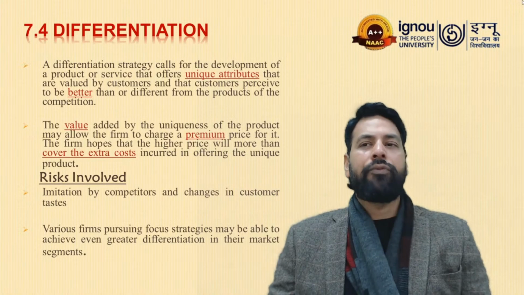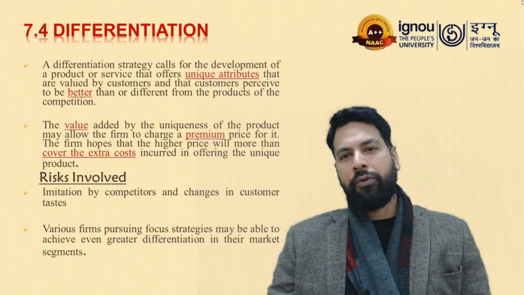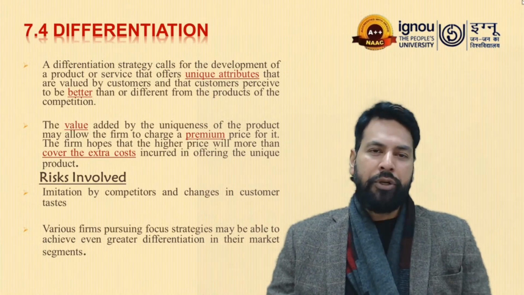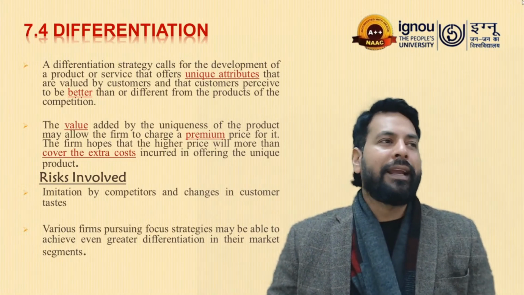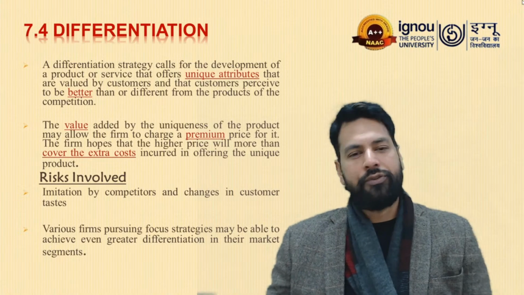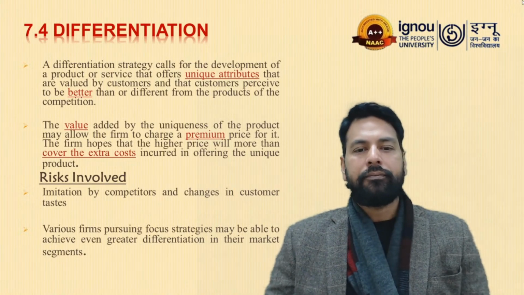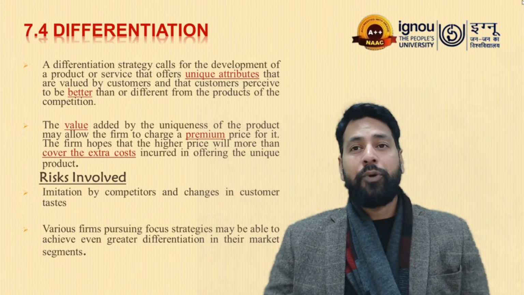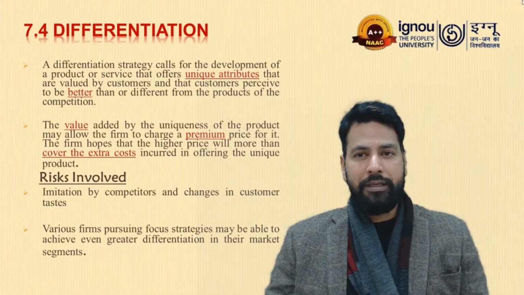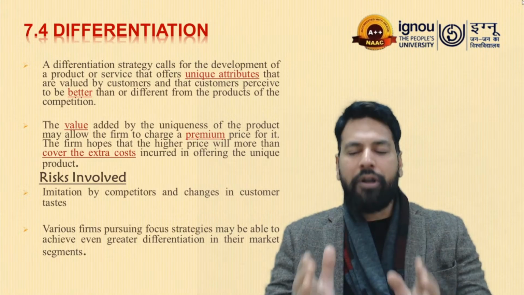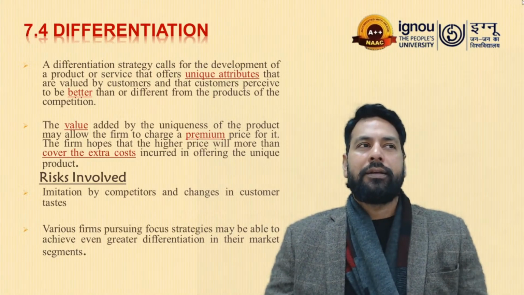So people who are looking for iPhone features, but they don't have such a deep pocket, or they don't want to spend so much money, what do they do? They prefer a second brand like Samsung and so forth. Now, the last point says any company which is pursuing a focus strategy. Focus means catering to a small section of the market.